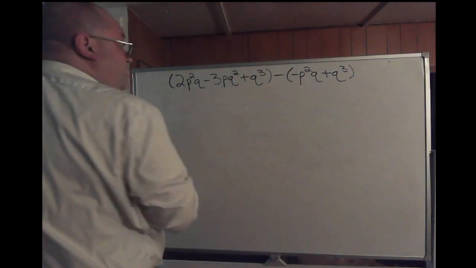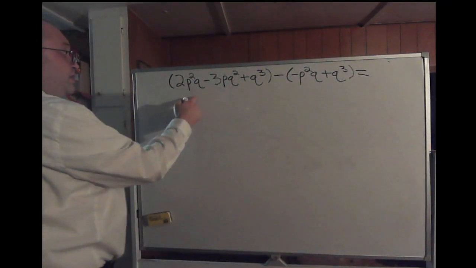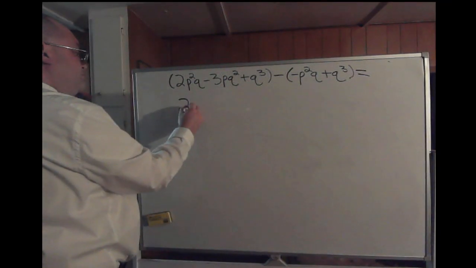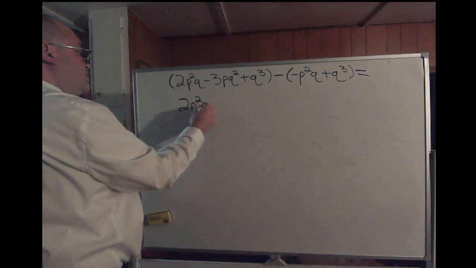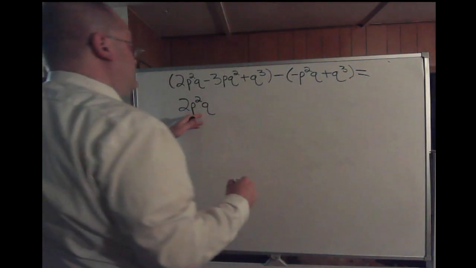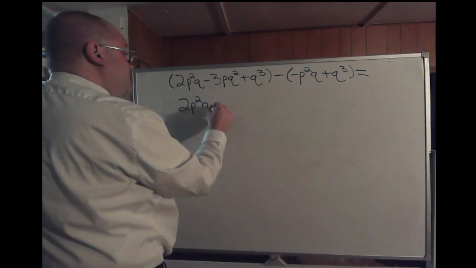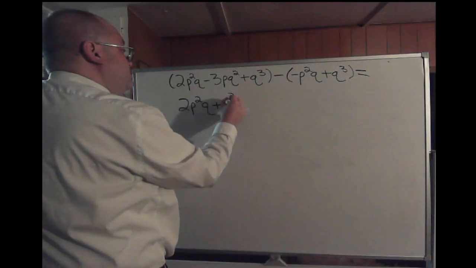So let's go for our like terms here. Let's start with our p squared q term. So we have 2p squared q. Do we see any other p squared q terms? We do. We have minus p squared q, which is actually plus p squared q.